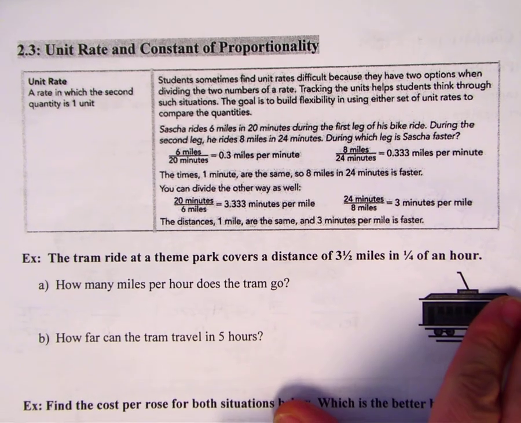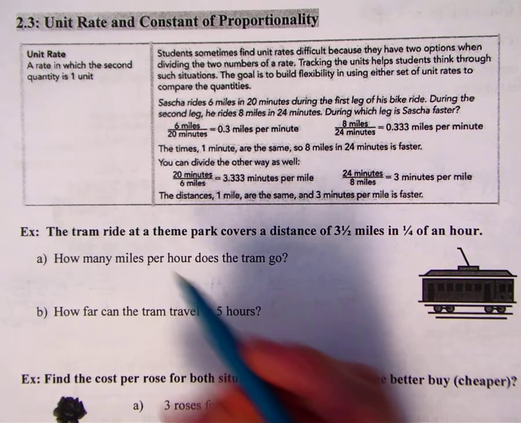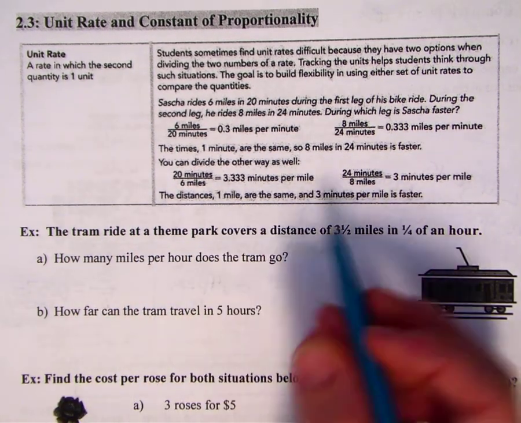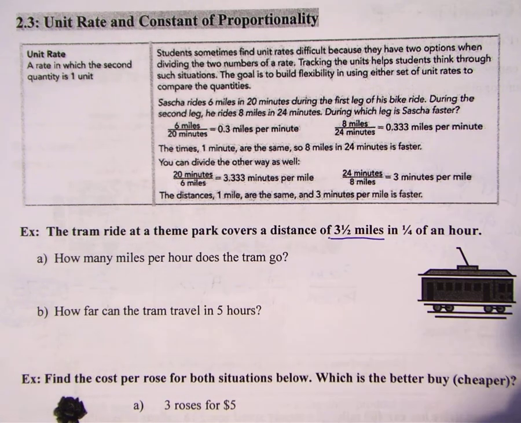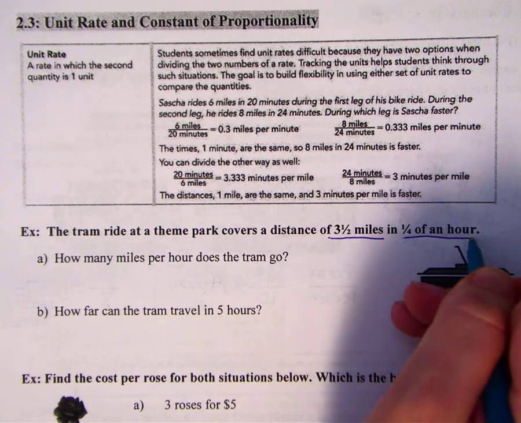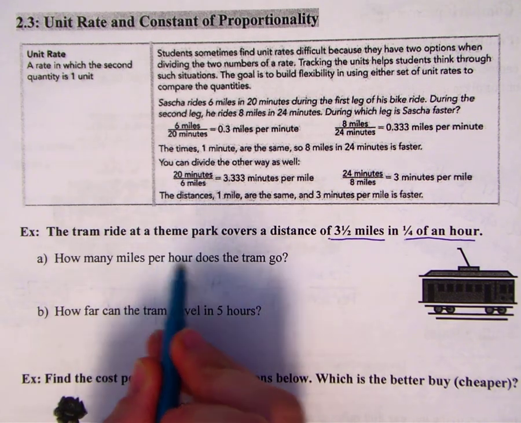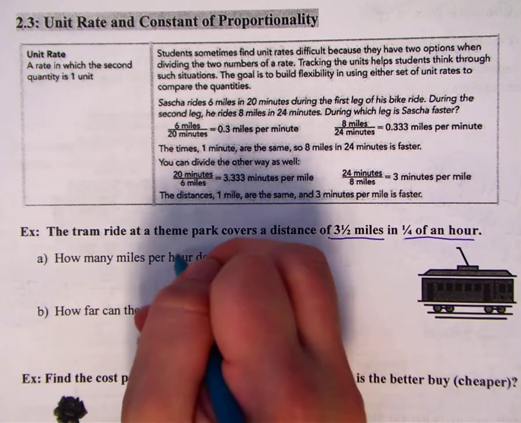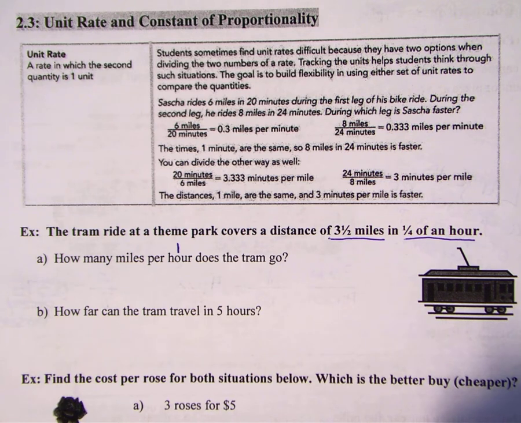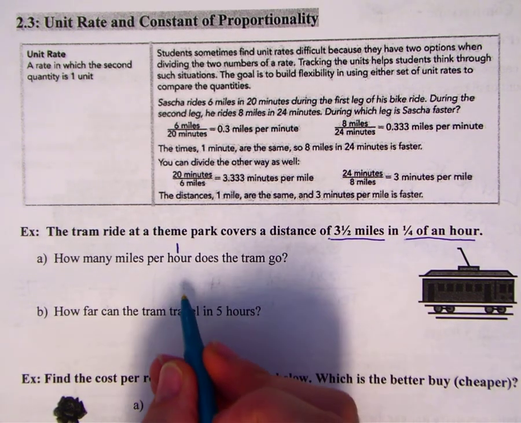All right, so in this example here, it says the tram ride at a theme park covers a distance of 3.5 miles in a quarter, 1/4 of an hour. So we want to know how many miles per 1 hour does the tram go. So we can set this up in ratios and figure out our unit rate.